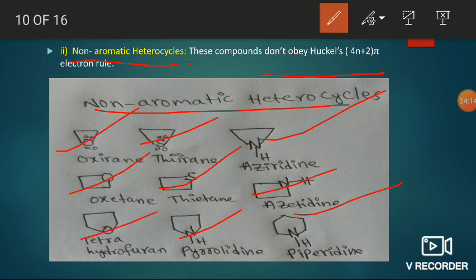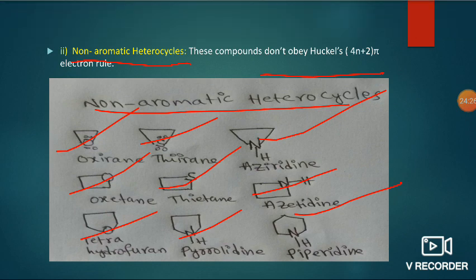They are partially unsaturated, non-aromatic compounds. Okay, fine. This is all about the classification of heterocyclic compounds based on two parameters. One is based on the ring structure, whether they are monocyclic compounds or fused or condensed heterocycles. The second is based on the aromatic character: they may be aromatic heterocycles or non-aromatic heterocycles. Okay, fine.